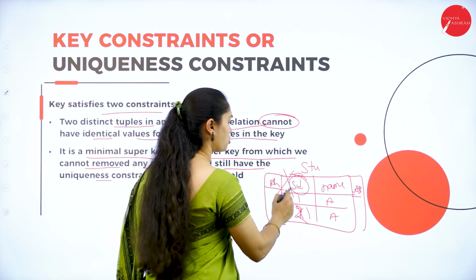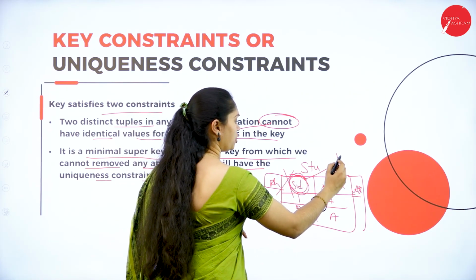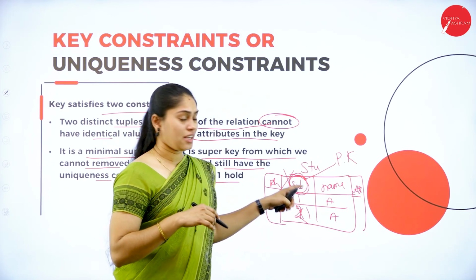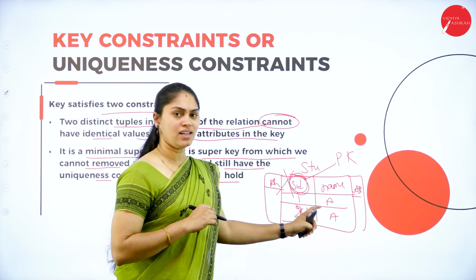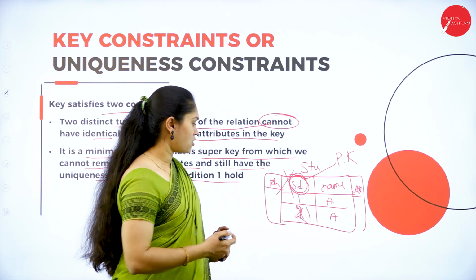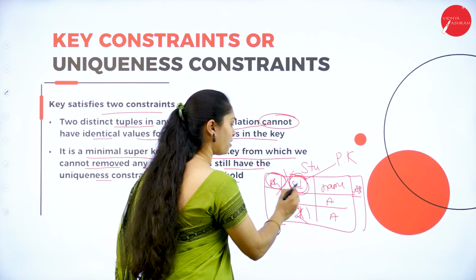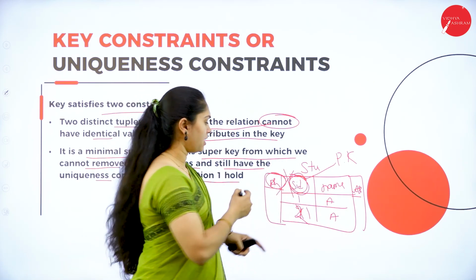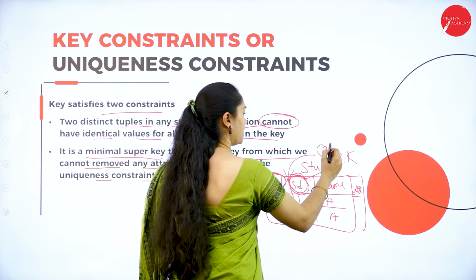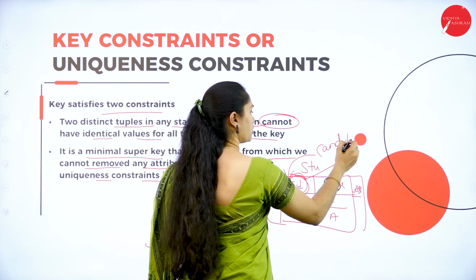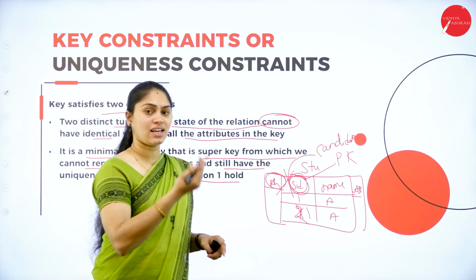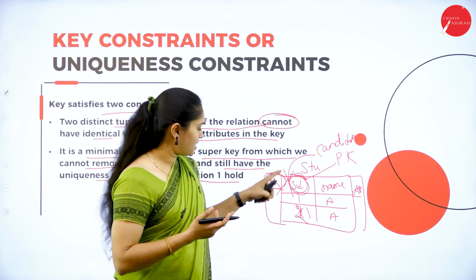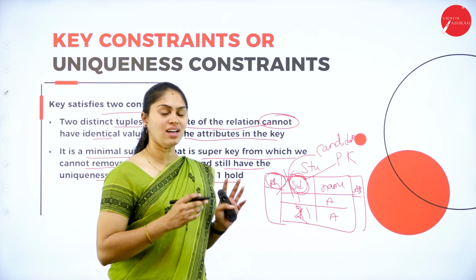If you consider the student ID, this is used as a primary key, correct? By making use of this primary key, I can have the uniqueness in the tuple. If it is a collection of phone number and student ID, then that will be more unique. Then we can say this is a candidate key. A collection of one or more attributes which enforces the uniqueness of a tuple more precisely than the primary key, we call that a candidate key.